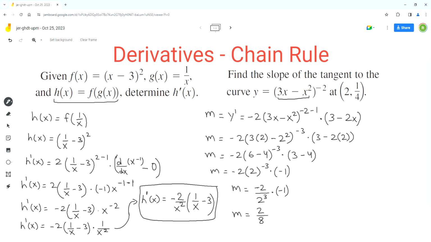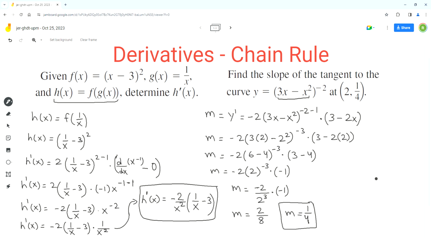And we can reduce this fraction to 1/4. So this is the slope of the tangent to the curve y = (3x - x^2)^-2 at the point (2, 1/4).